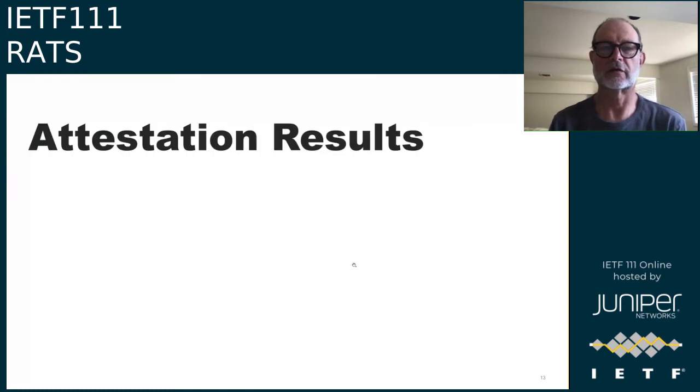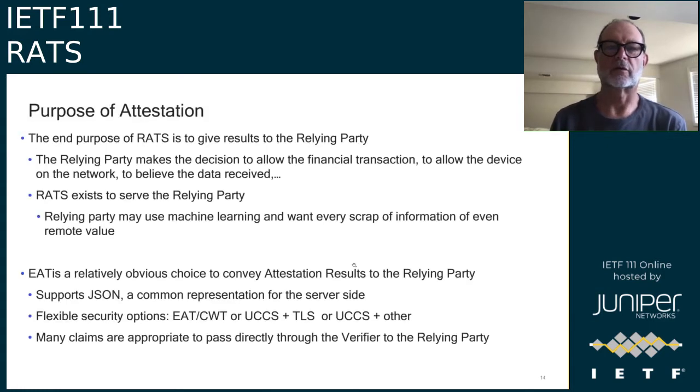Next slide. All right, so this is about attestation results and EAT. So just a little comment on the purpose of attestation. I see the end purpose of attestation is to give results to the relying party, because the relying party is going to make the decision about what to do.